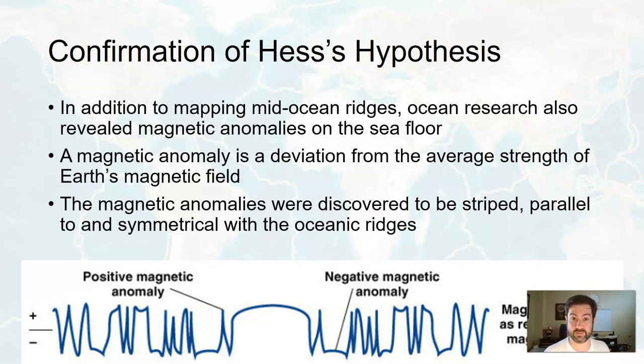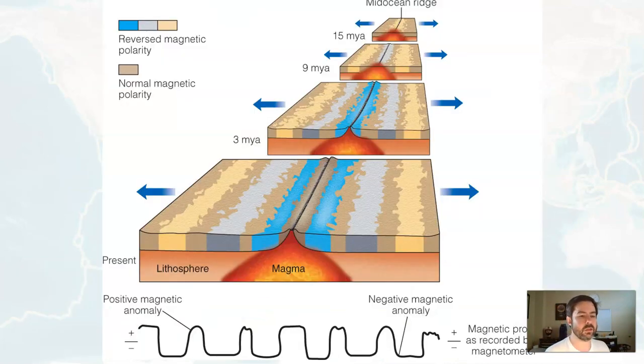So there must be the same rocks created at the same time at these oceanic ridges, and they just spread apart. The colors are just there to show you either normal magnetic polarity, where north is pointing one way, or reverse magnetic polarity, where north is pointing the opposite way.